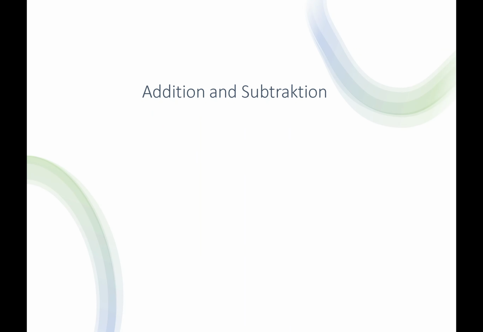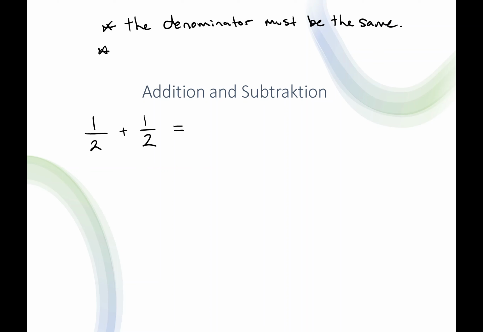Adding and subtracting fractions. We all know that if we have 1/2 plus 1/2, we can add these fractions. The key to this is the denominator must be the same, or we can say that the nämnaren must be the same.